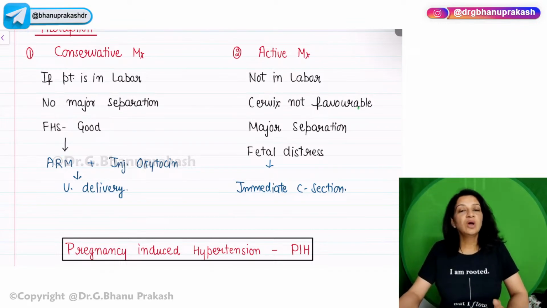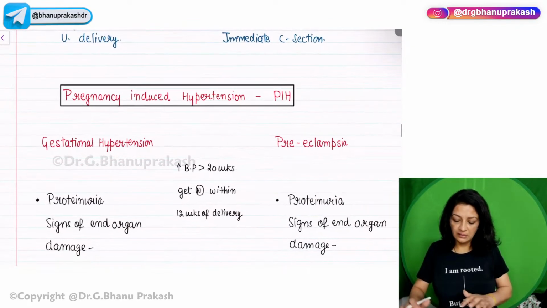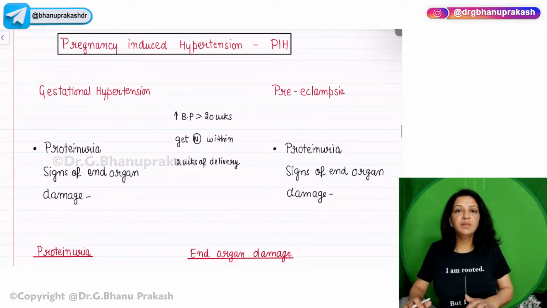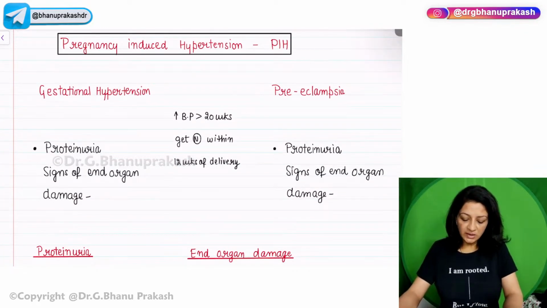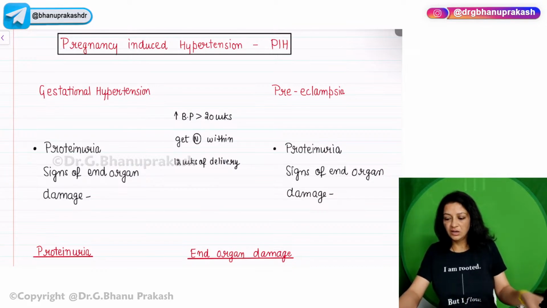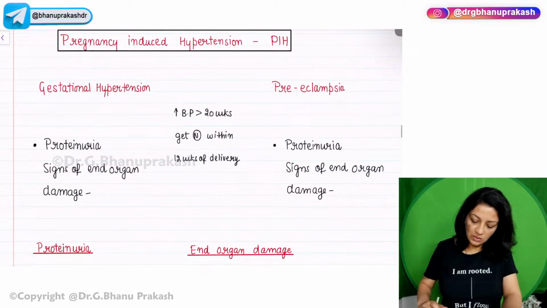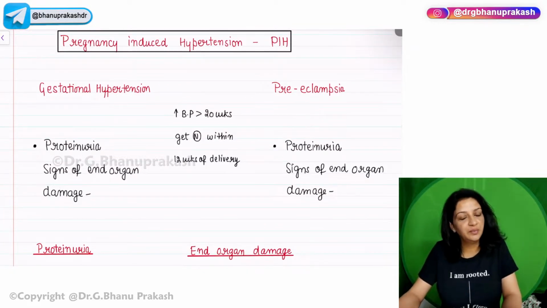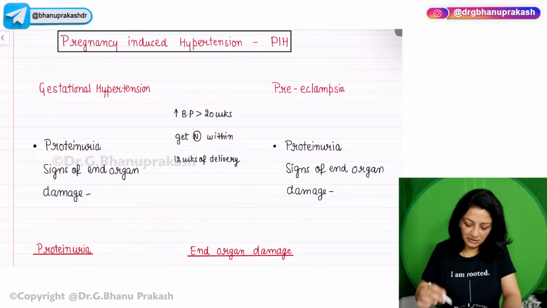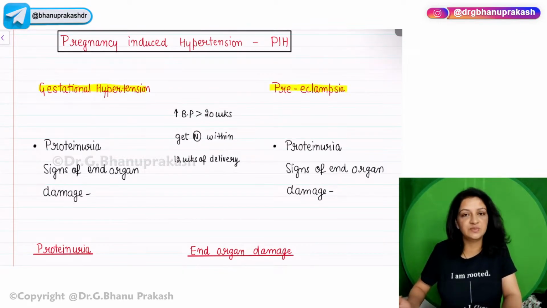And the most common complication of abruptio placenta is DIC. Okay, DIC. So this is all about antepartum hemorrhage. So next one is pregnancy-induced hypertension. Two types: first one is gestational hypertension and the second one is preeclampsia.